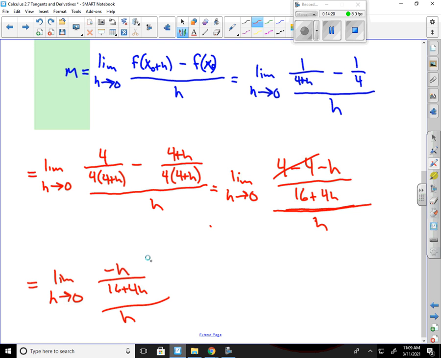This is a compound fraction, so remember we just make our h over 1, flip it and multiply. Gives you the limit as h approaches 0 of negative h over 16 plus 4h times 1 over h. Now my h is going to cancel with that one.